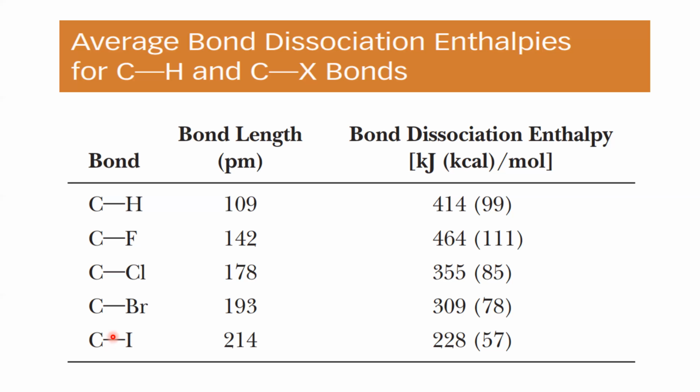So this bond is much weaker because these electrons are not attracted to the nucleus as strongly as in the case of bromine and chlorine. So that's why this demands low energy for the dissociation of that bond.